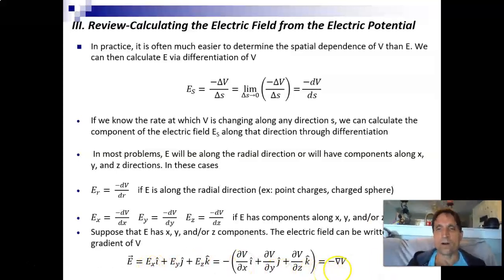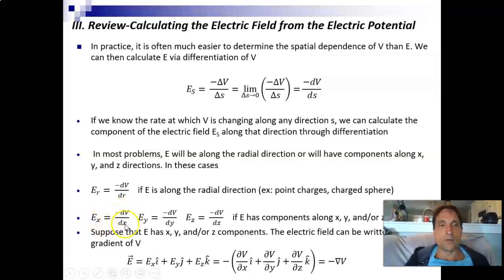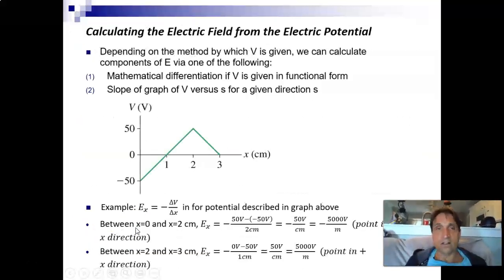Okay, don't worry if you haven't covered gradient. Just remember that each component of the electric field is obtained by the derivative of V with respect to that coordinate. Okay.